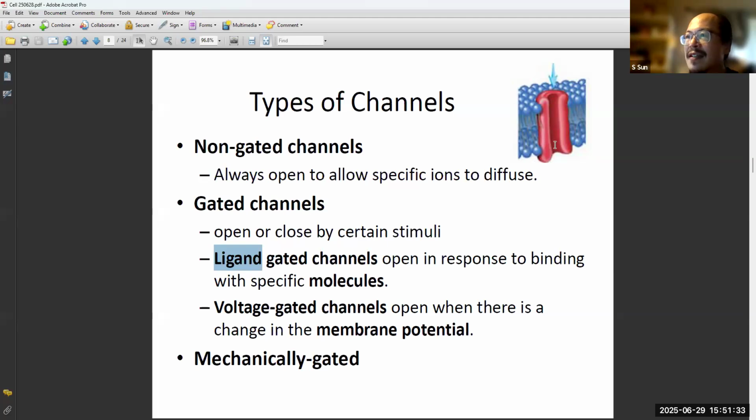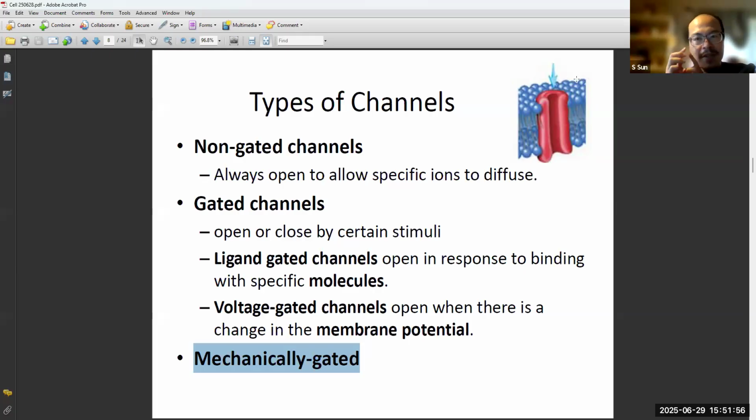And the third type is called the mechanically gated channel. Basically, this is very obvious, like when you touch, you sense it because you trigger that nervous system. That nervous system will send a signal to the brain, so you know that you touched something. And how do you know?